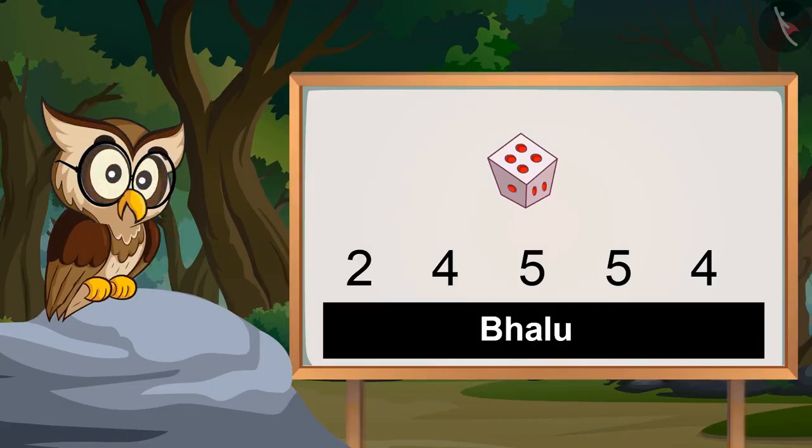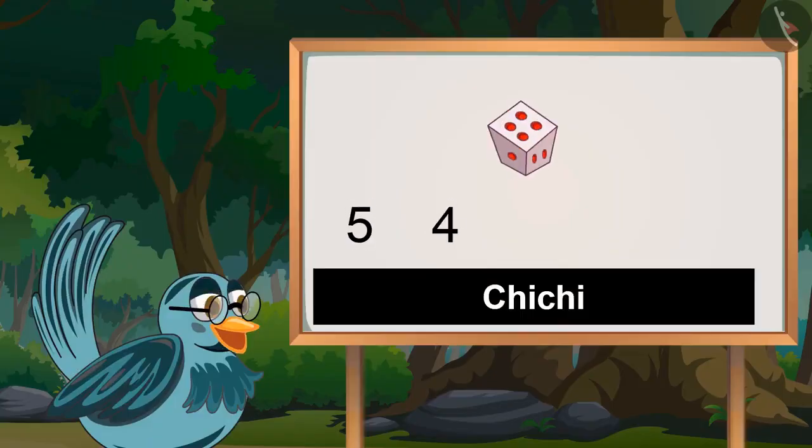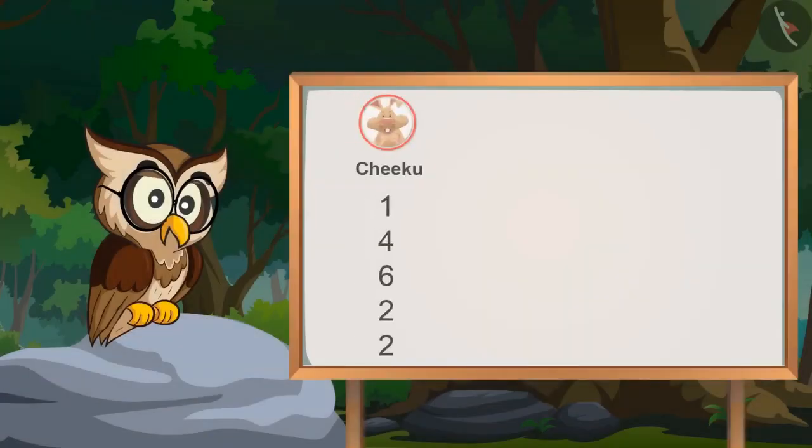Now Chichi and Saloni turn-wise roll the dice and see what numbers you get. 1, 1, 3, 4, 6. 5, 4, 5, 6, 6.